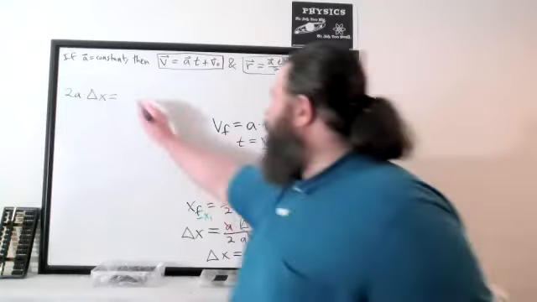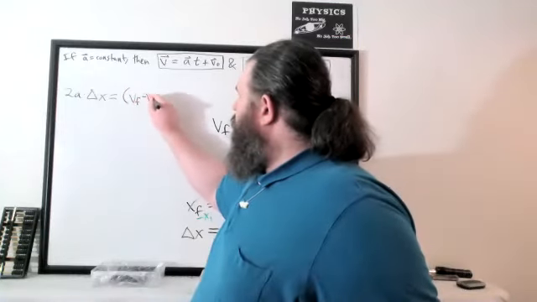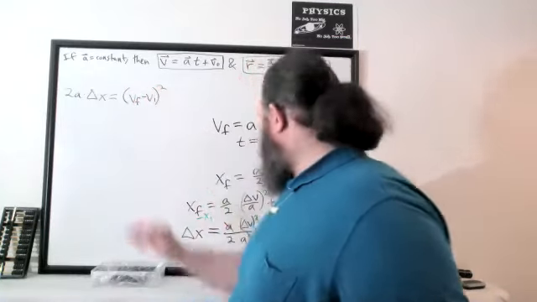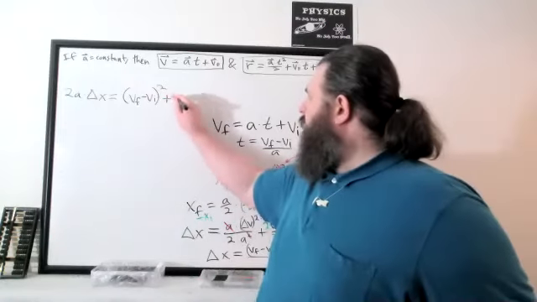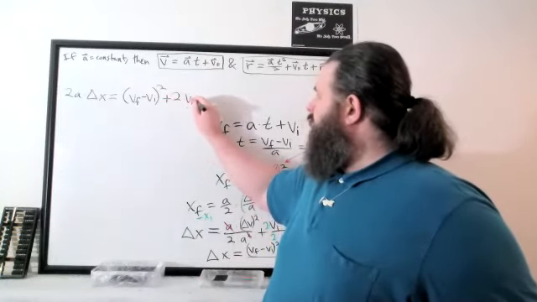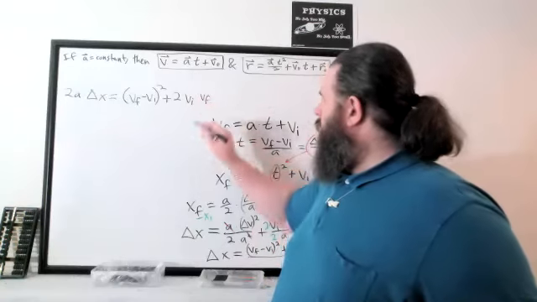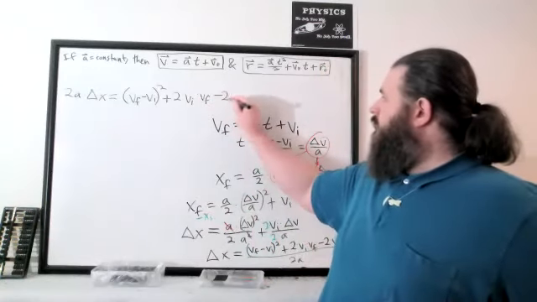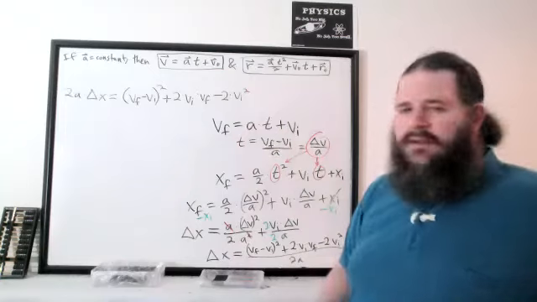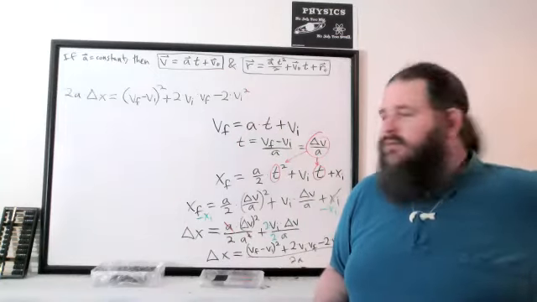V final minus V initial squared plus 2 times V initial times V final minus 2 times V initial squared. Again, a huge mess. So let's see if we can simplify it.